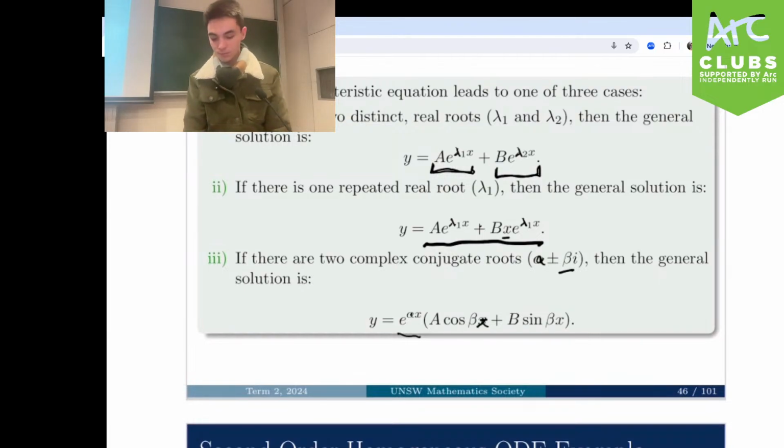Okay? So it takes a while to derive why these are the particular solutions to such ODEs. But once you remember these three cases and what to do, then you'll be able to tackle basically any second order ODE. Okay.